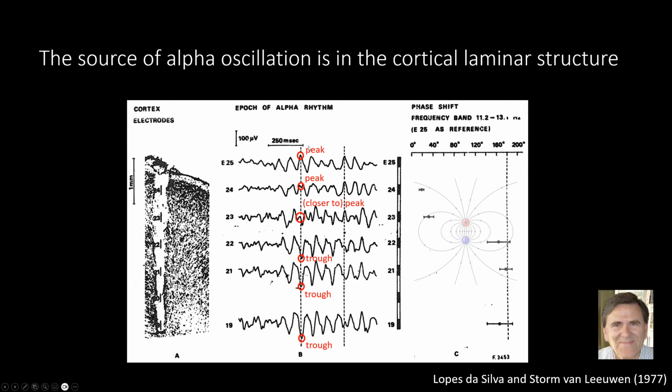When he plotted this phase difference, he found a sudden change between electrode 23 and 22, almost a 180 degree polarity difference. So there is a positivity here and a negativity there, or the opposite, but there is a polarity reversal. This indicates that there is a current dipole here. So this alpha is actually generated inside the cortical layer systems.